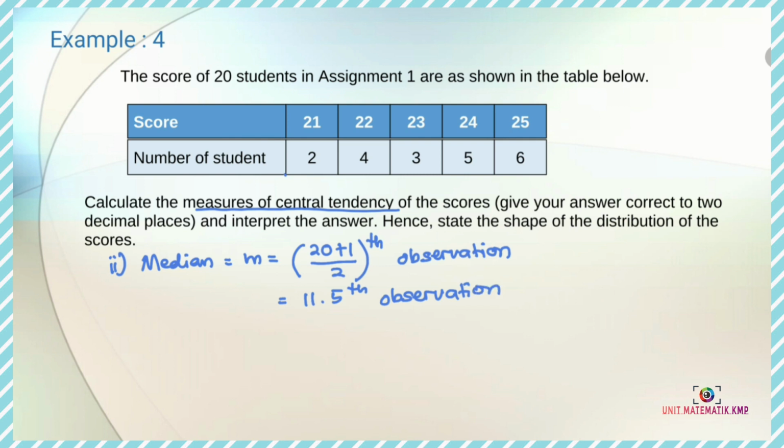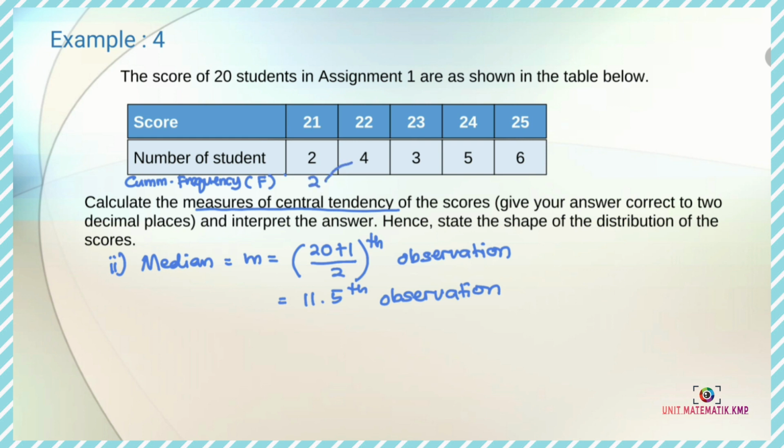Then to find the median at 11.5 observation, first we have to find the cumulative frequency. Also, we can write it with the capital letter F. So here we have 2.